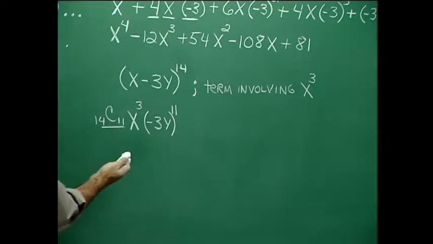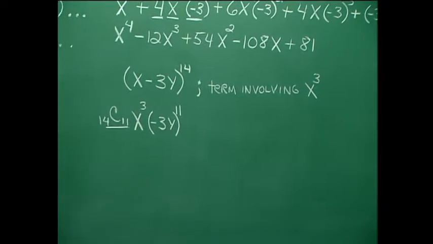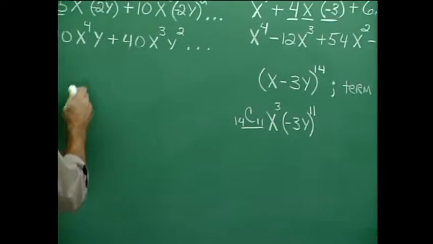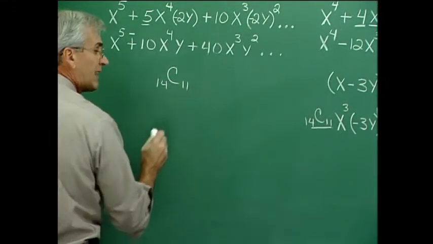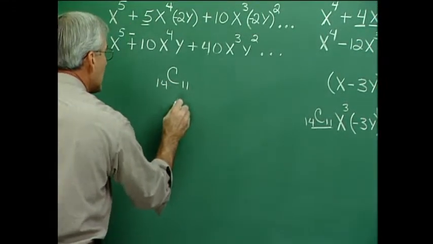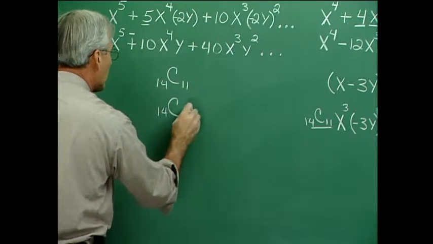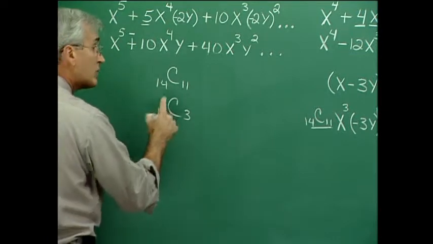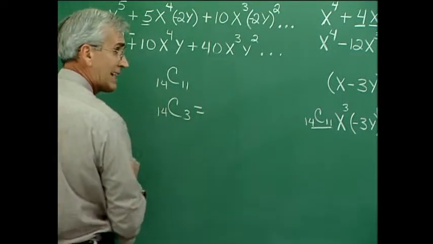Now let's make that calculation. Let's come back over here to the side and make that calculation. We know that the combination of 14 things taken 11 at a time is the same thing as the combination of 14 things taken 14 minus 11, or 3, at a time. And it's easier to work if we have a smaller number over here, and that's why we perform this little tactic.